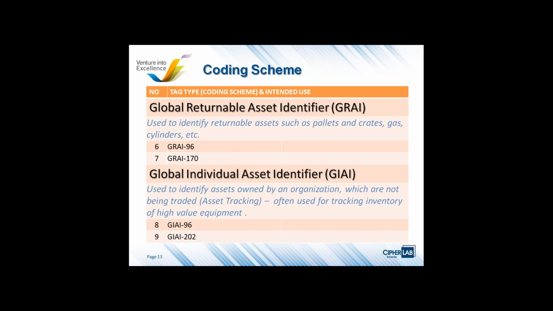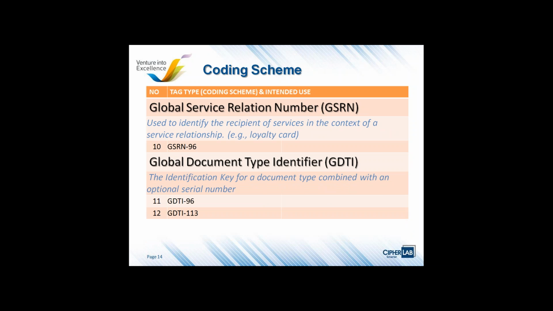And if your asset is not being checked, you can use the individual asset identifier. It's often used on high value equipment. And service and document also have an individual identifier. So if you would like to use an RFID tag, you have to check your application and object at first.